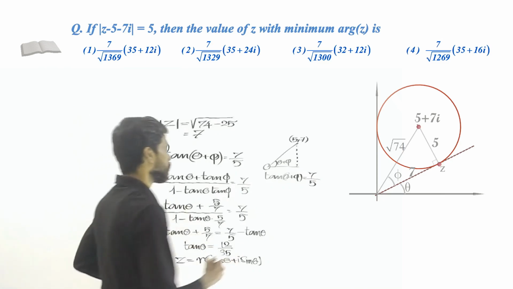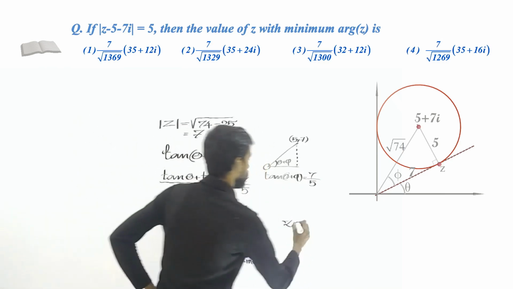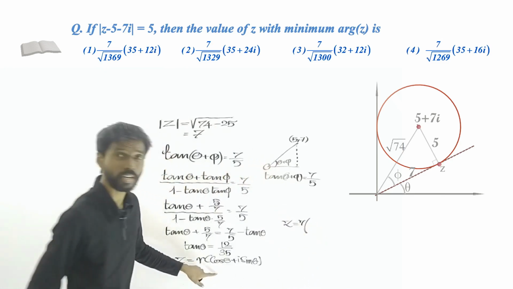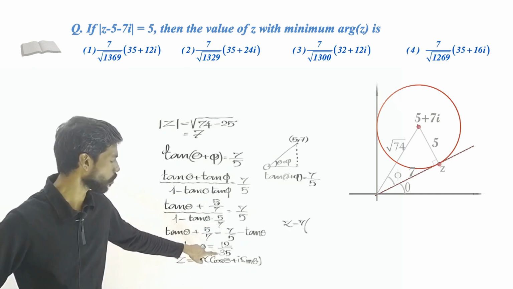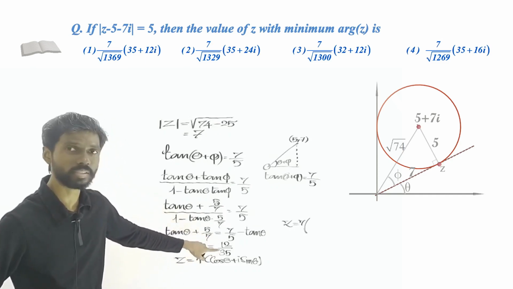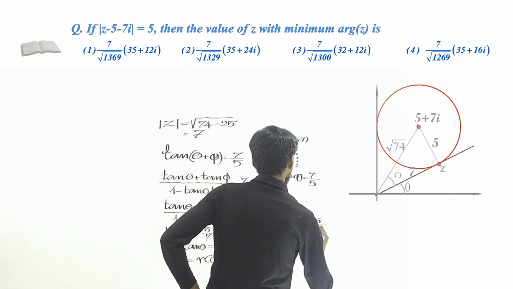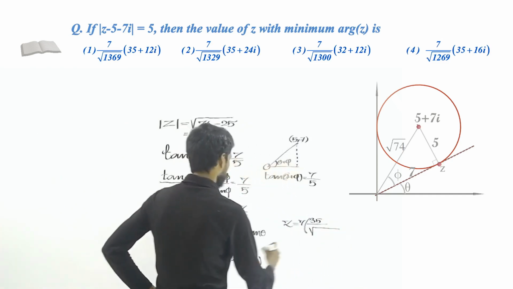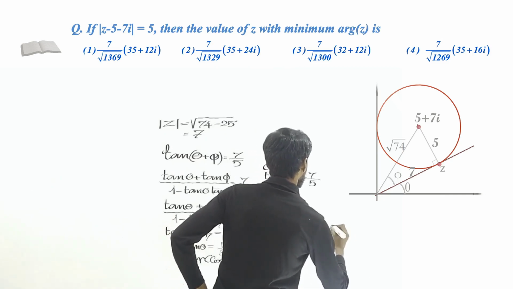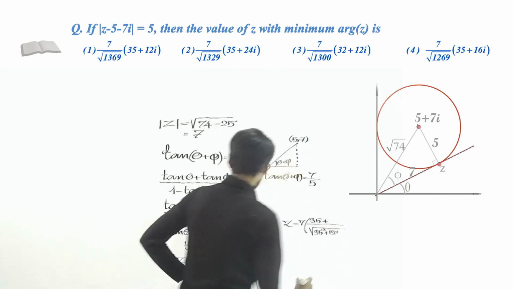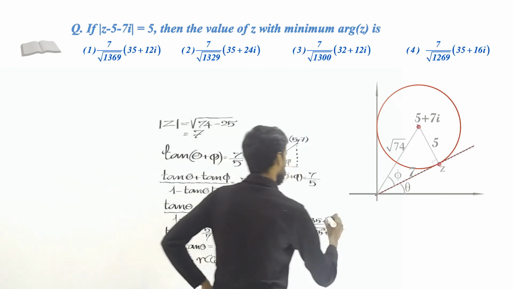Tan theta is 12 divided by 35, so in the right angle triangle cos theta is 35 divided by the square root of 35 square plus 12 square. Similarly sin theta is 12 divided by the same value. That means it is 12r.